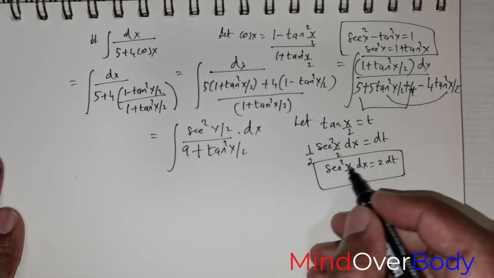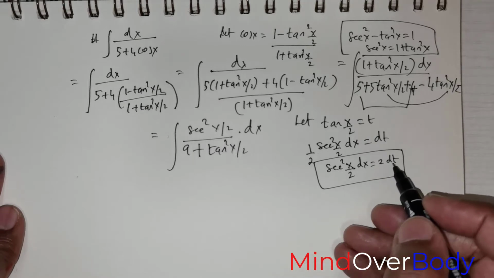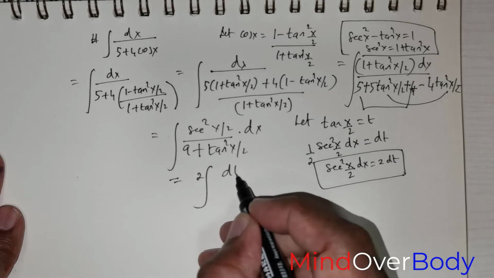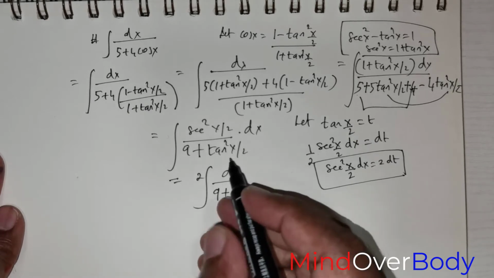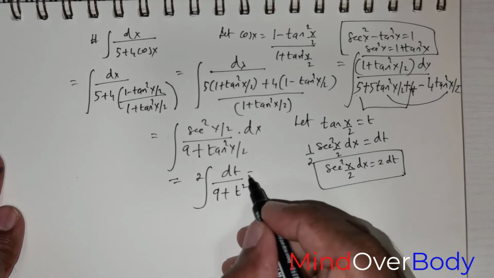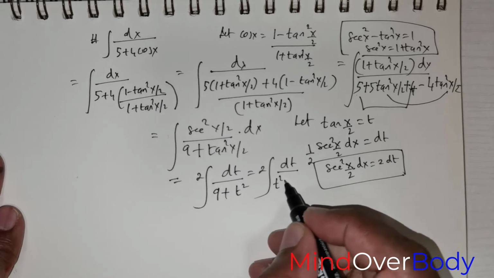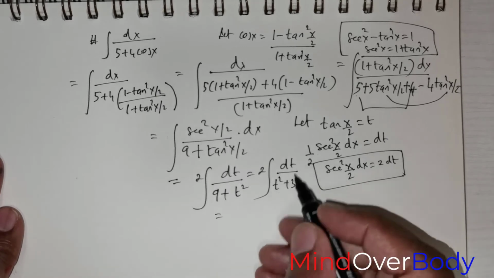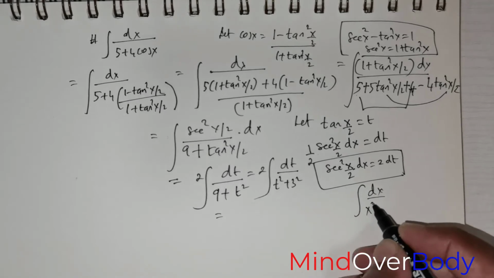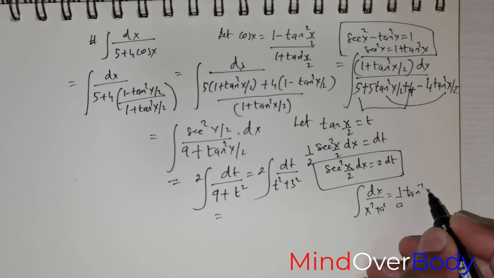So now what we can do is take the value for secant squared x over 2 dx as 2 times dt. So this is equal to 2 times integral dt divided by 9 plus tan x over 2 is t, so this is going to be t squared. I can rewrite this as integral dt over t squared plus 3 squared, which is the famous formula, right? Integral dx over x squared plus a squared is equal to 1 over a tan inverse of x over a.